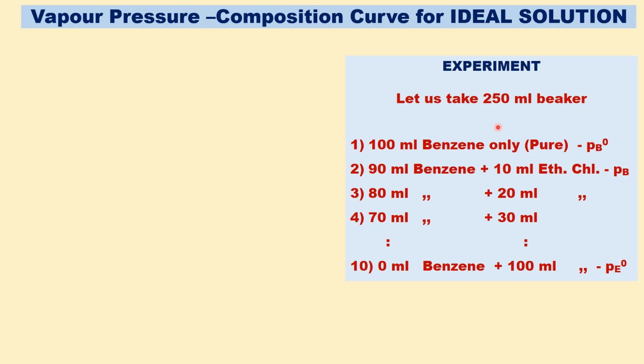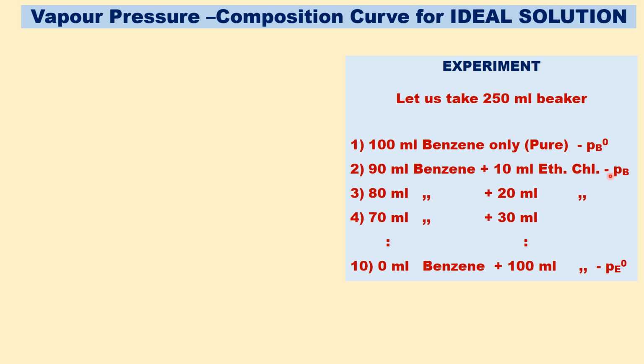Take a 250 ml beaker, put in first 100 ml of benzene only, and measure the vapor pressure of benzene only, that is the standard vapor pressure PB naught. Then take 90 ml of benzene plus 10 ml of ethylene chloride.